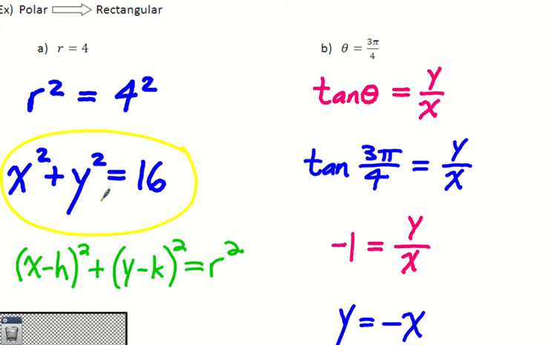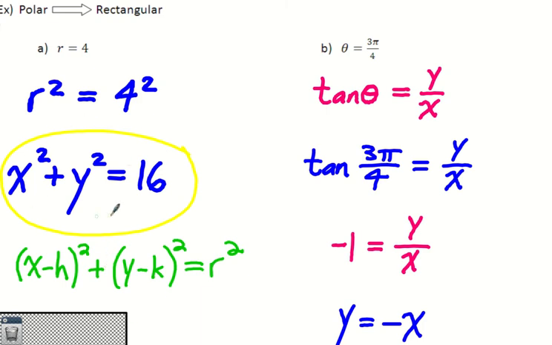This would be the standard form of it, where h comma k would be the center of the circle, and r would be what? You guessed it, the radius.